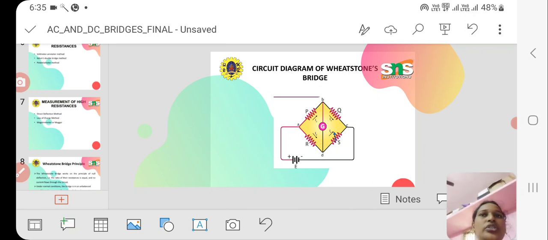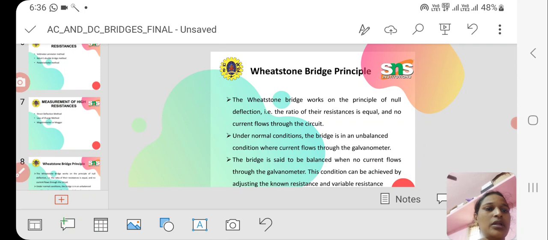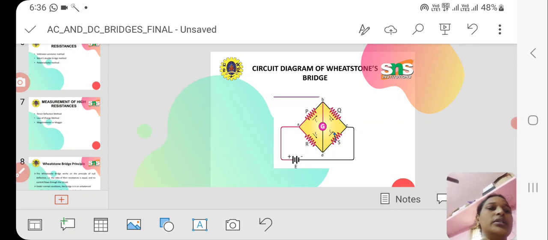Under balance condition, the ratio of the values of the two known resistances becomes equivalent to the ratio of the variable resistance and the unknown resistance value. Thus, it allows us to calculate the unknown value of the resistance employed in the electrical circuit. The circuit diagram shown in the presentation is a simple circuit diagram for the Wheatstone bridge.